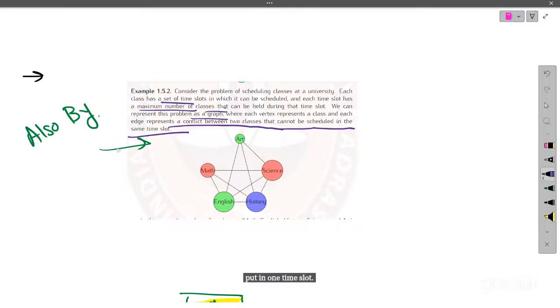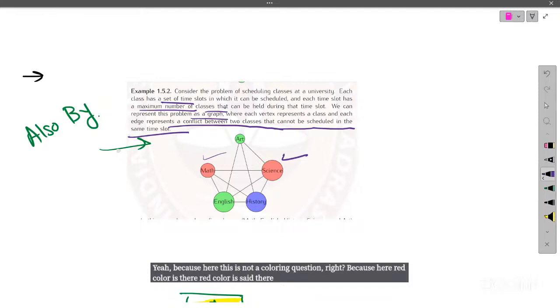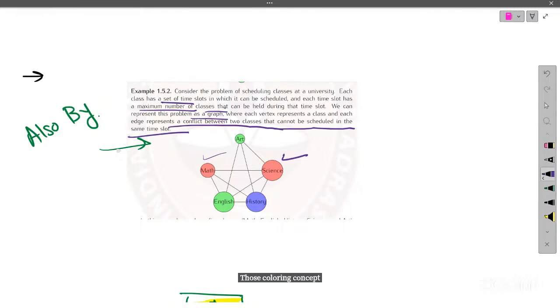Yeah, because here this is not a coloring question, right? Because here red color is there, red color is there. Coloring concept is not making any sense here, because art and English do have an edge, but they have the same color, and math and science are of the same color, but they have an edge. So coloring is off. Coloring is not the answer here.